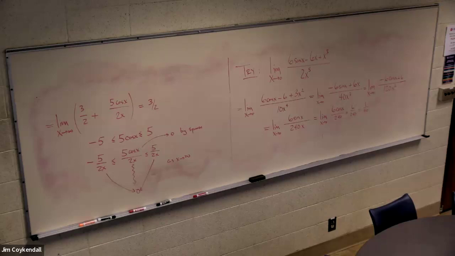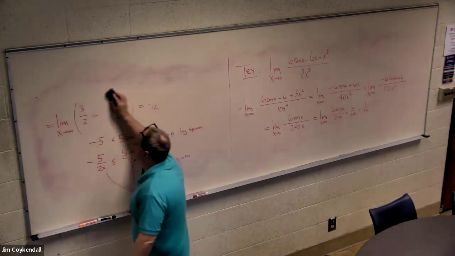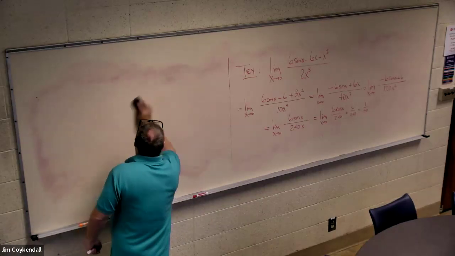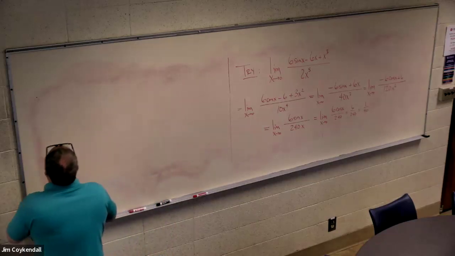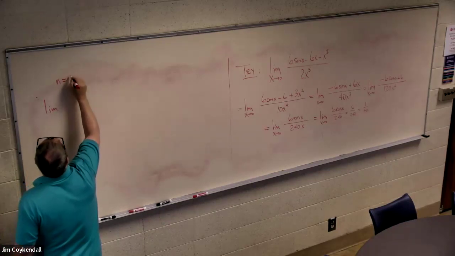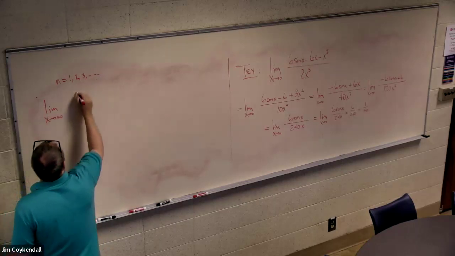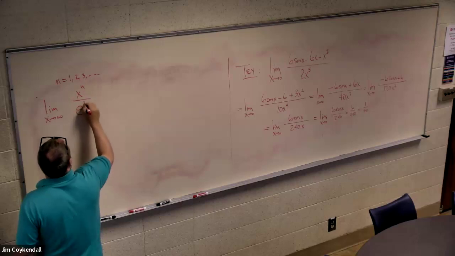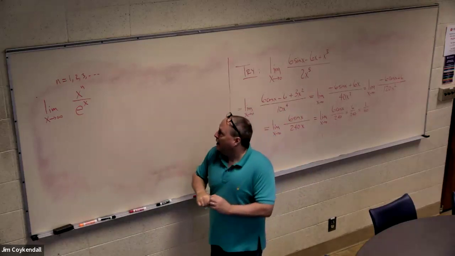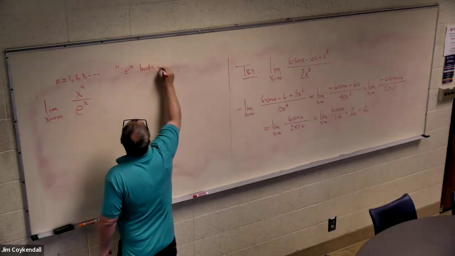What about this one here? Here's an example that's really kind of an application. But n equal 1, 2, 3, any positive integer. I call this example e to the x beats any polynomial.